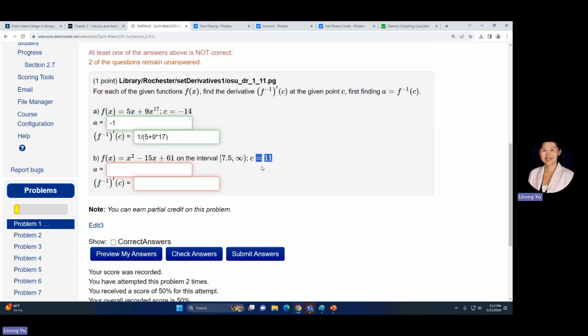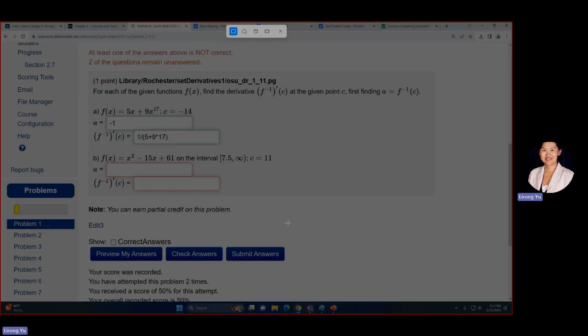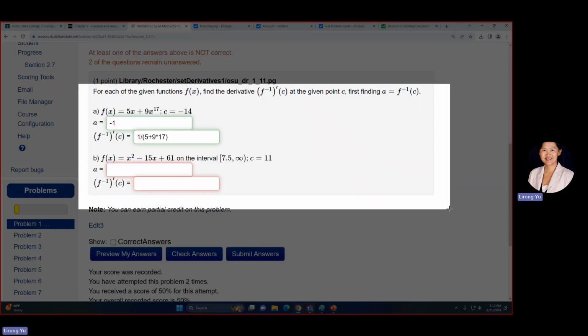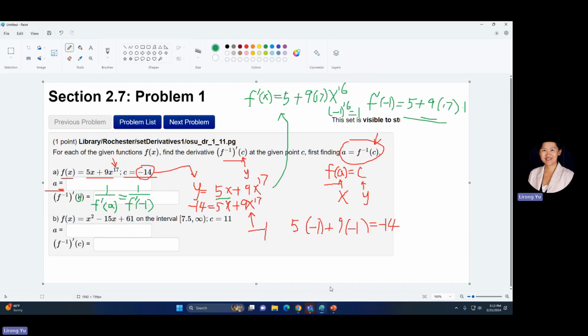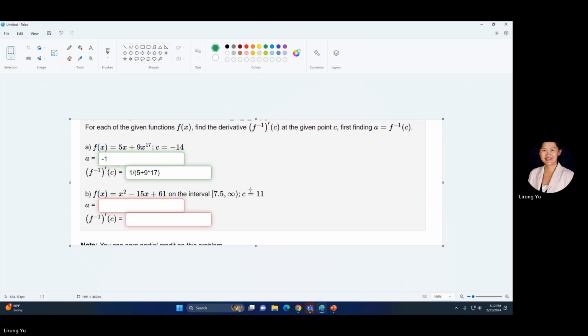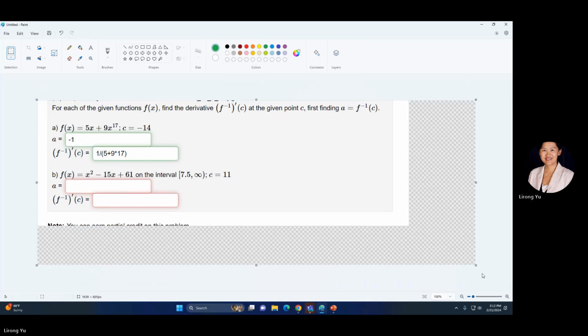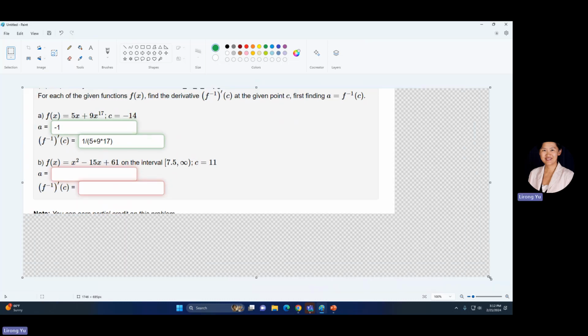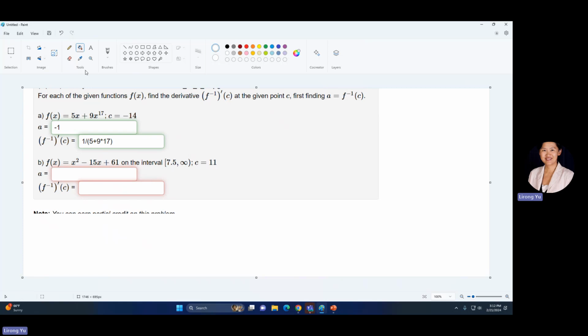How can we make this equal to 11? So I have to solve for this. To solve the second question, you're going to have to figure out what would be the appropriate x value. Hopefully this will give you a taste of the differentiation of the inverse function.